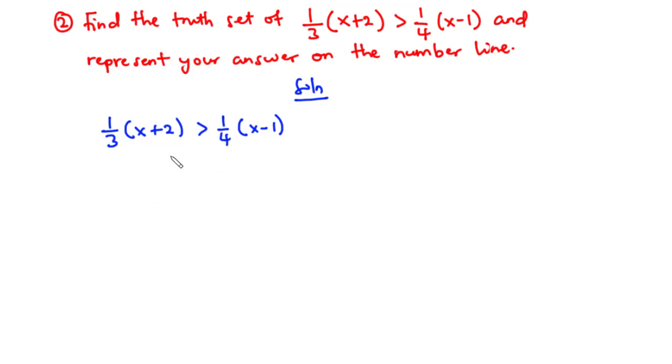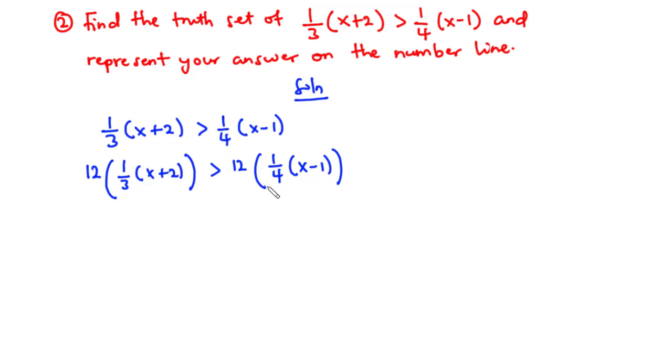So to do away with the fractions, we need to multiply each of the terms in the linear inequality by 12. So we have 12 times 1 over 3 times x plus 2 is greater than 12 times 1 over 4 times x minus 1.